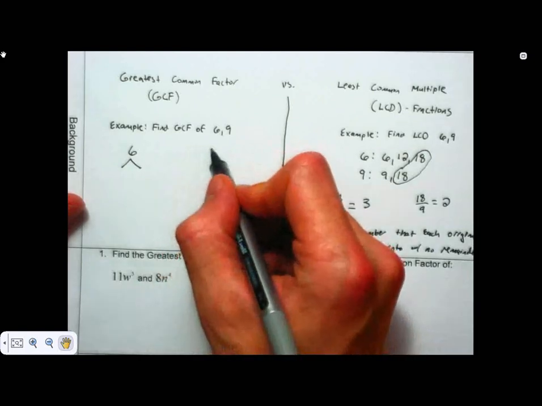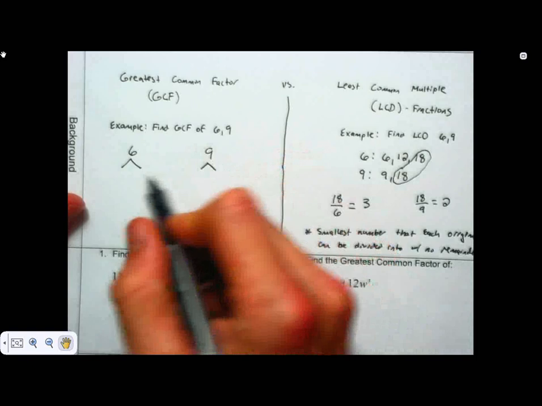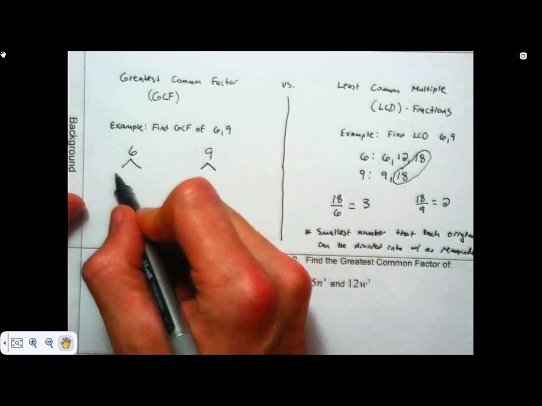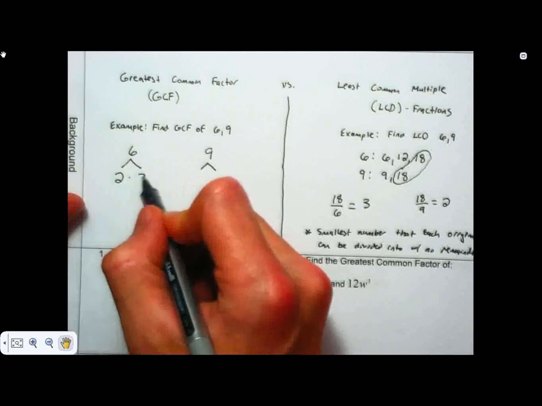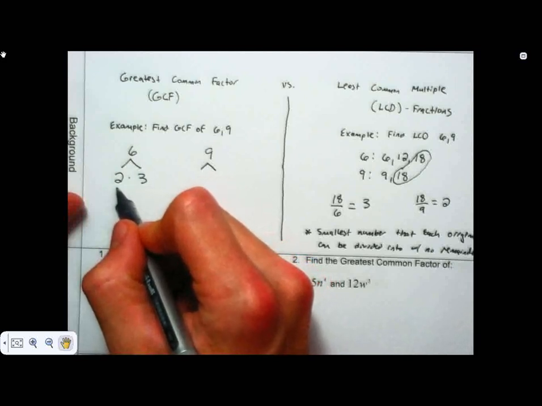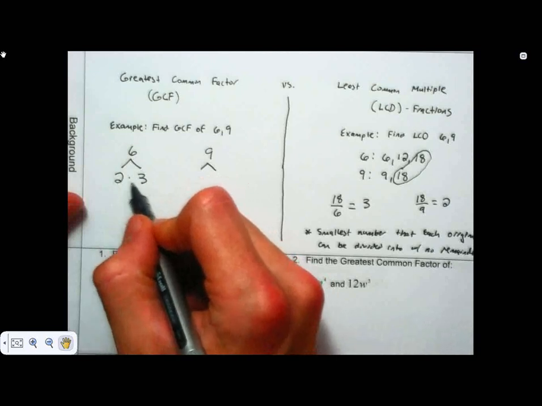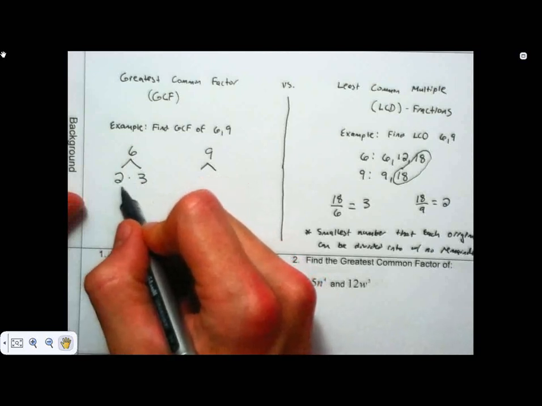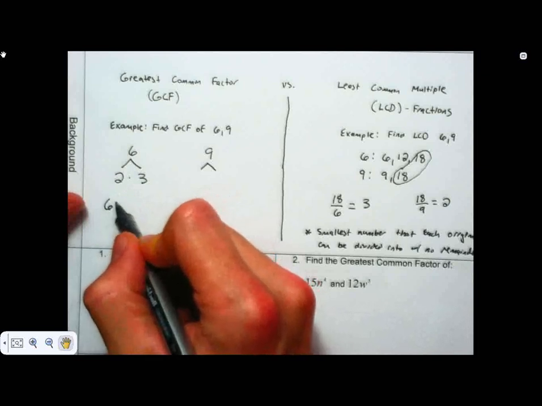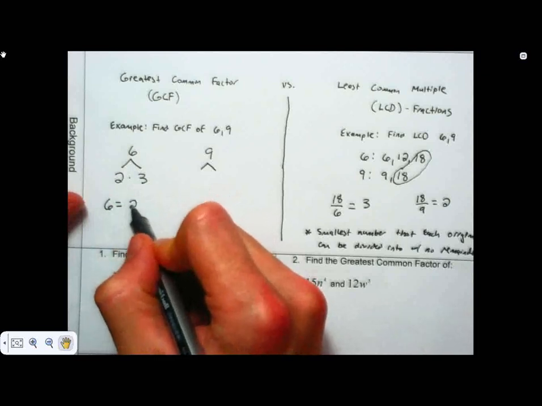So if I start with 6, I'm trying to think of numbers that actually multiply together to make 6. So 2 times 3 comes to mind. And I really can't go any further than this because I don't want to use 1 in my factor tree. So the smallest pieces that 6 can be broken down into is 2 times 3.